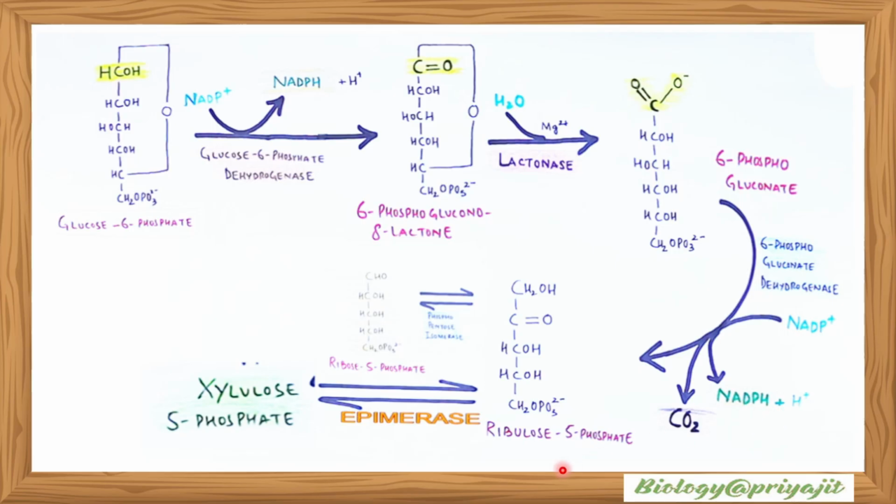Then ribulose 5-phosphate, with the help of the enzyme phosphopentose isomerase, forms ribose 5-phosphate, and another epimer of ribulose 5-phosphate is xylulose 5-phosphate. So with the help of the enzyme epimerase, it will be converted into xylulose 5-phosphate.